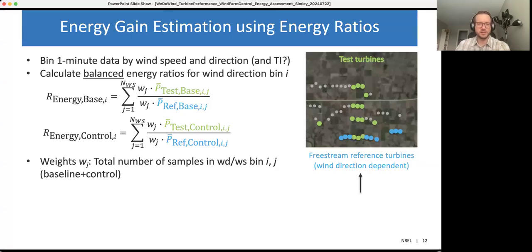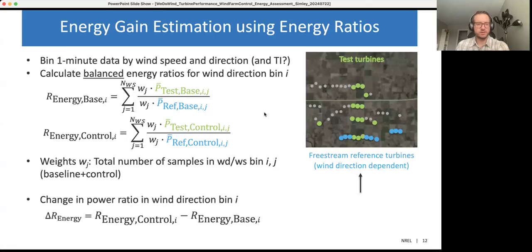If we first normalize by the power of the reference turbines, hopefully that will cancel out the impact. And so when we compare the energy ratios in baseline and control periods, we're really trying to isolate the impact of just the wind farm controller. So by dividing by the power of the reference turbines, we hope to cancel out those other confounding impacts.